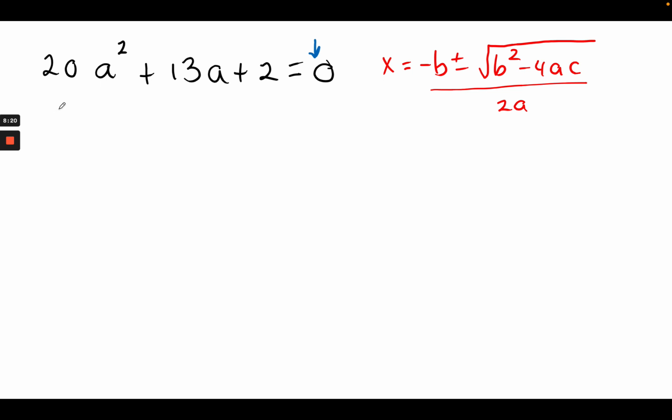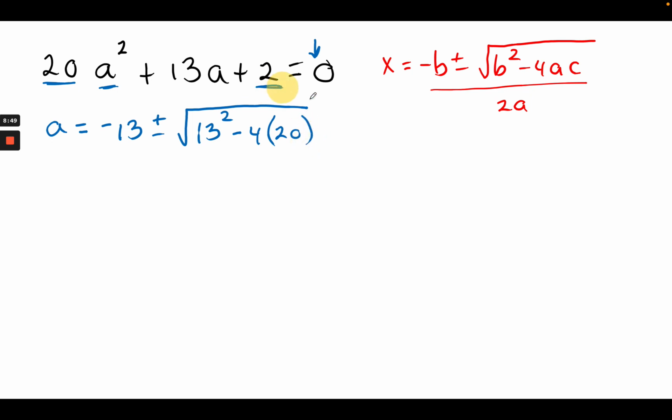So we're going to get, this is a instead of x, which is so confusing, but that's okay. A equals negative b, so that's negative 13 plus or minus the square root of b squared, so that's 13 squared, minus 4 times a, here's your a is 20, times c, which is 2, all over 2 times 20.